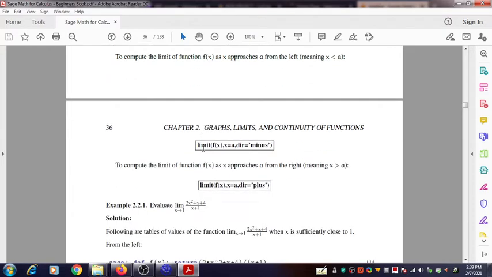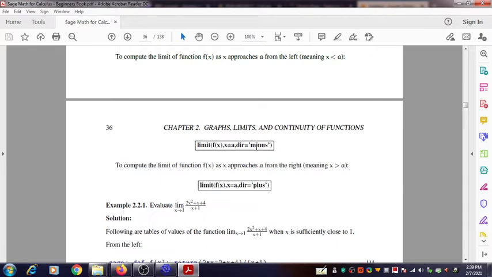But if you want the left hand side limit, or the left limit at a point, there is a slight change in the syntax. The command should be written as given here: limit of f of x, comma x equal to a. Then dir, the abbreviation used for direction, either from the left direction or from the right direction.